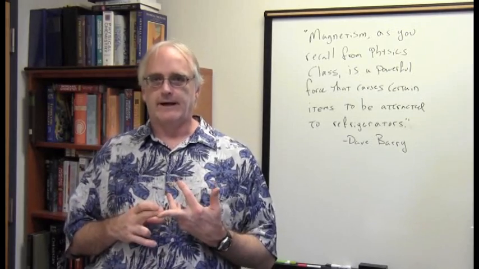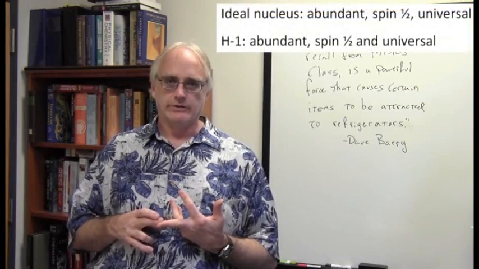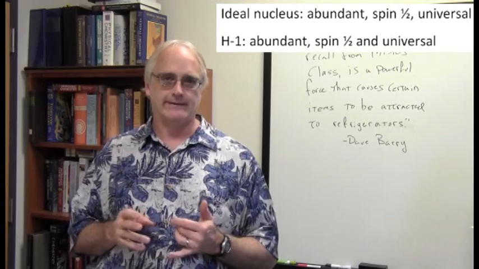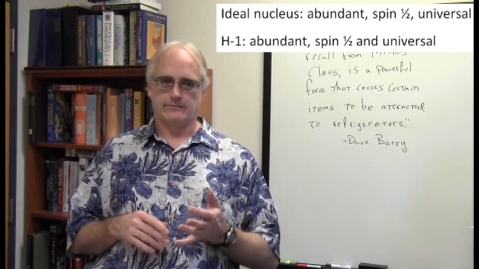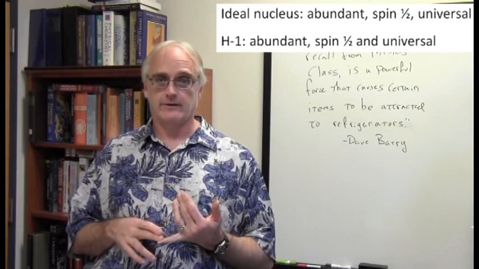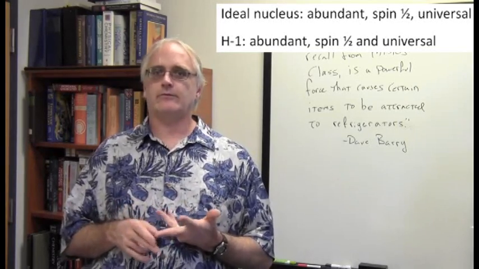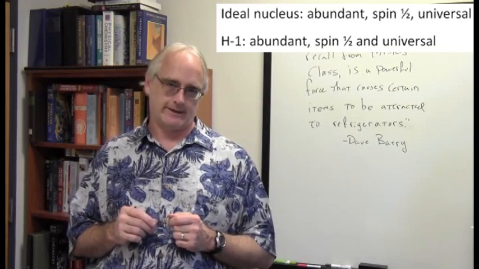I'll come back to that phrase in just a moment. For all of those criteria, hydrogen, the nucleus of the hydrogen atom, is by far the most ideal. Hydrogen 1, the simple hydrogen isotope, is 99.9% and greater abundant, spin 1/2, and hydrogen is universal. It's found in almost every kind of compound we chemists want to study.